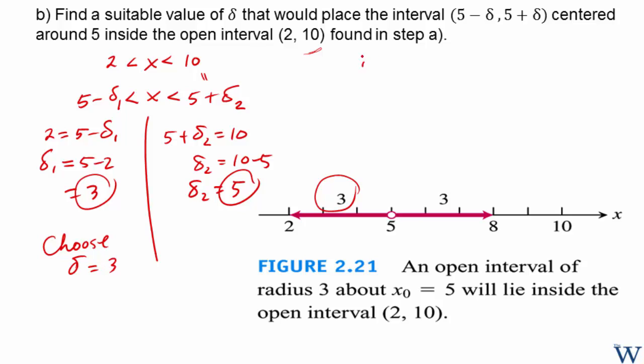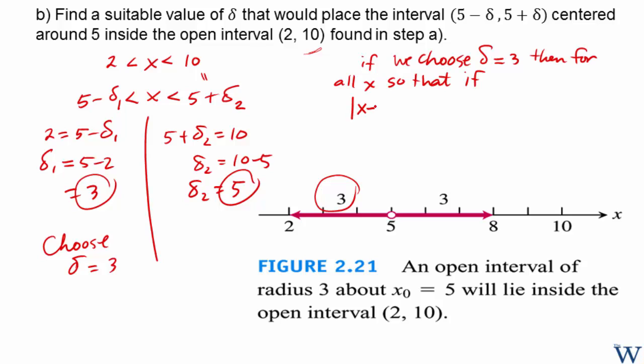So if we choose delta to be equal to 3, then for all x, if the absolute value of x minus 5 is less than 3, then it is true that the absolute value of the square root of x minus 1 minus 2 is less than 1.